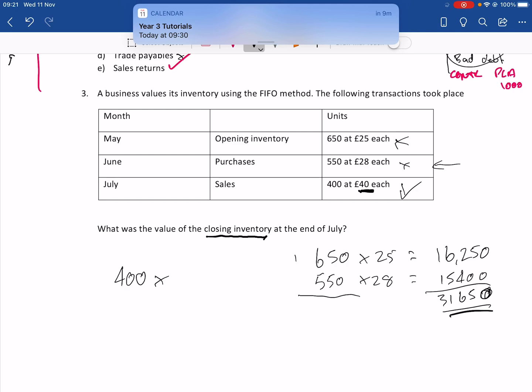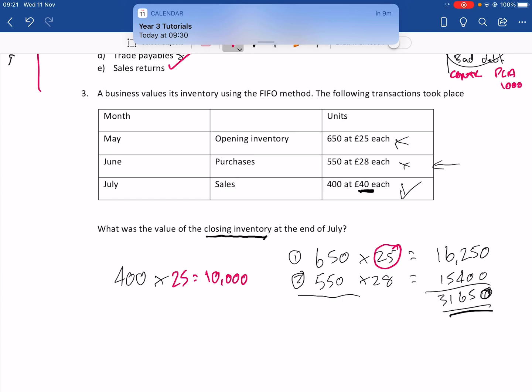So this stock came in first, and that stock came in second. So therefore, we use that figure as the unit price. So 400 times 25 equals £10,000. So the cost of the issue, or the stock going out, was £10,000.